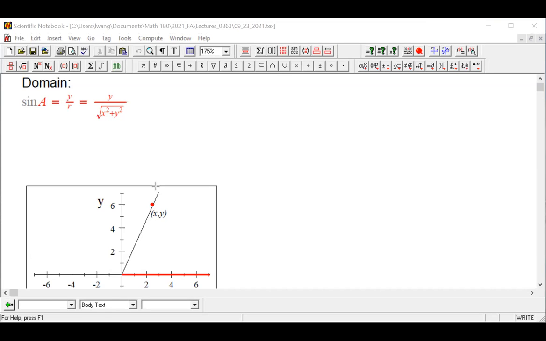This is the y, and this is the x. And what is the r? This is the r, right?